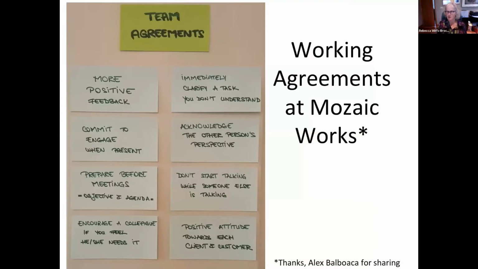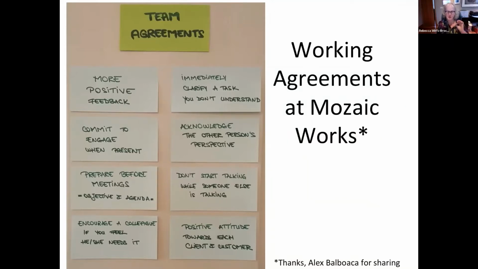Team working agreements are also guiding behaviors. So for example, this happens to be from Mosaic Works on their daily product Kanban board. Just want to point out a couple of things.